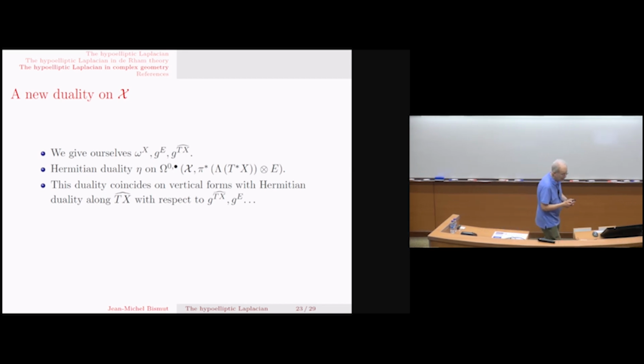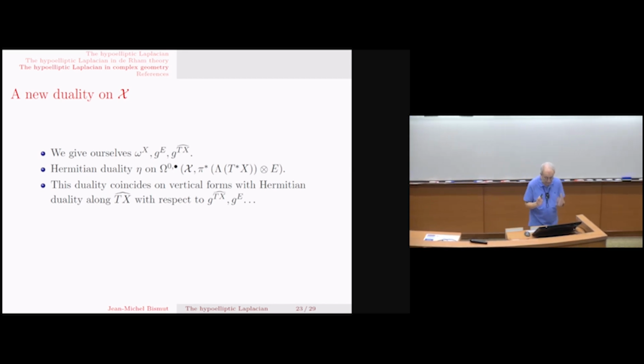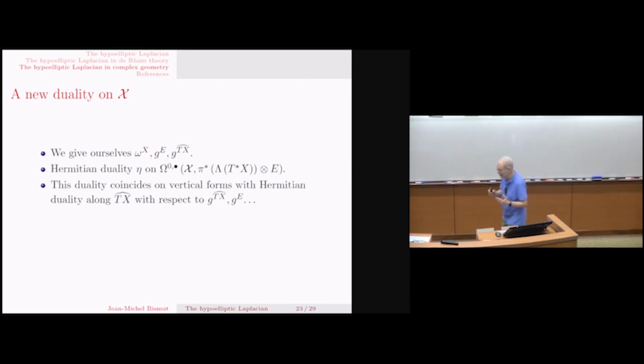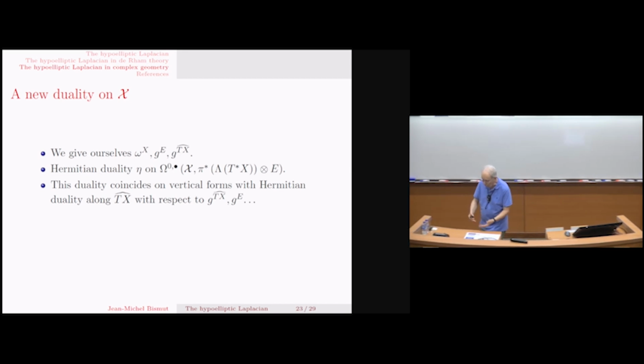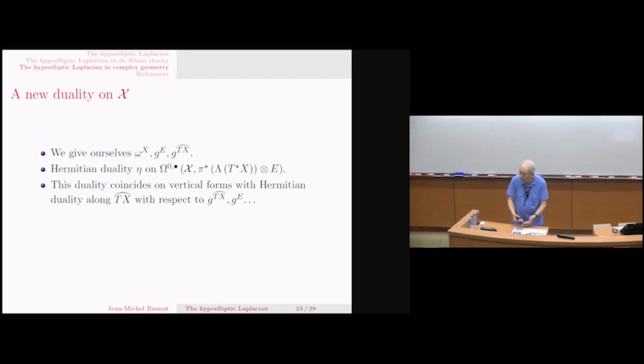Okay, so this is an essential aspect of the hypoelliptic theory that in some sense it passes all the difficulties coming from Hermitian geometry on the base to something which reflects the Hermitian geometry of the fiber. And by doing this, you get rid of all the difficulties, of all the things that you could not handle on the base manifold.